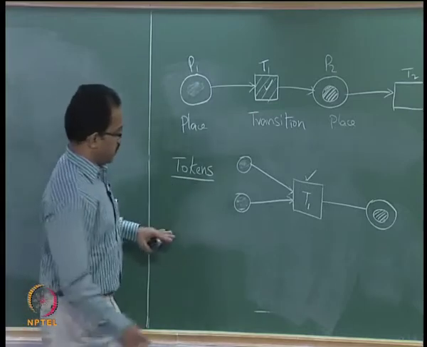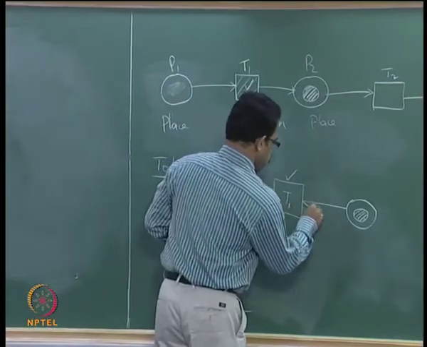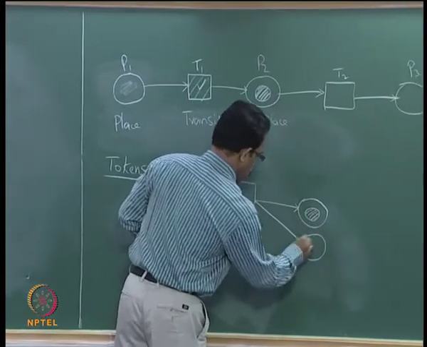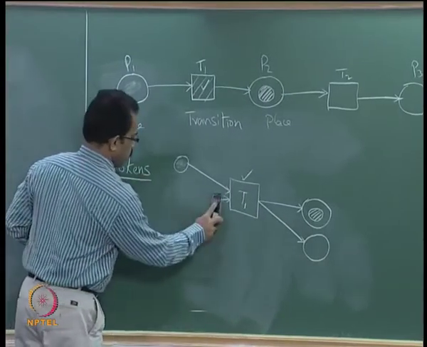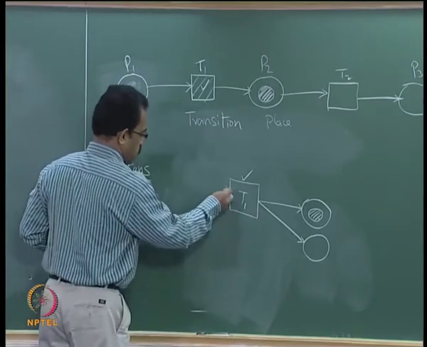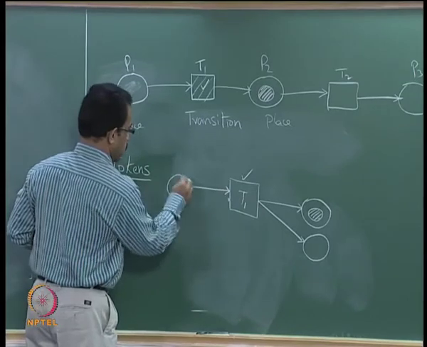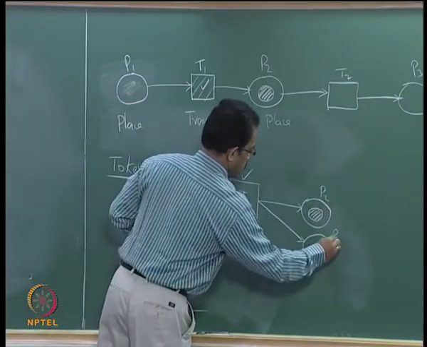This is one situation, and another one is this kind of situation. If you have only one token here, these are simple Petri nets, so we do not have any place values as such at present. We have place P1 connected to this T1, and P2 and P3.